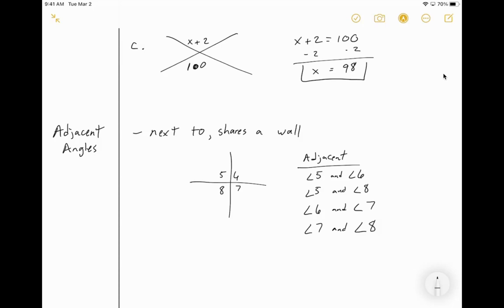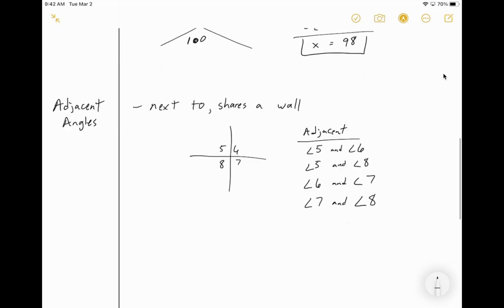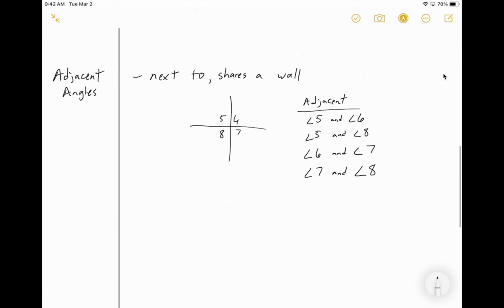Adjacent means they've got to be exactly next to each other. They have to share a wall, is what I like to call it. All right. So those are the two words: adjacent and vertical angles. Adjacent are just next to, and vertical are the ones that are directly across from each other, exactly the same.